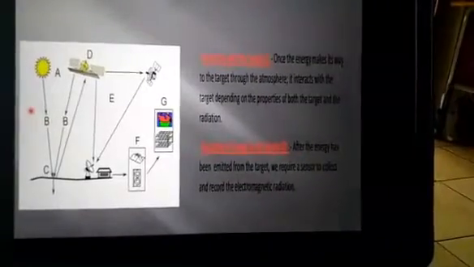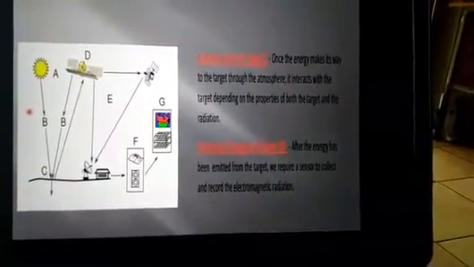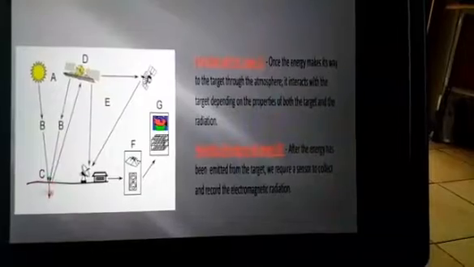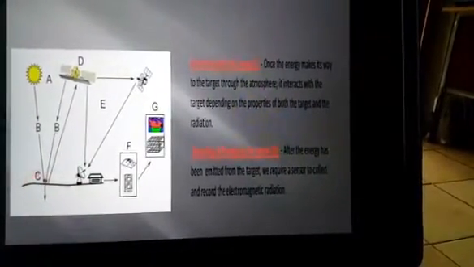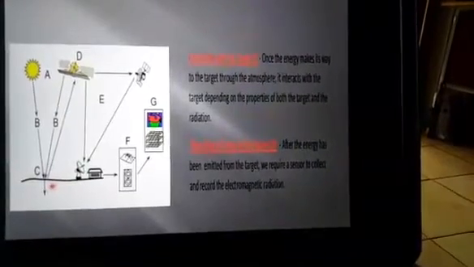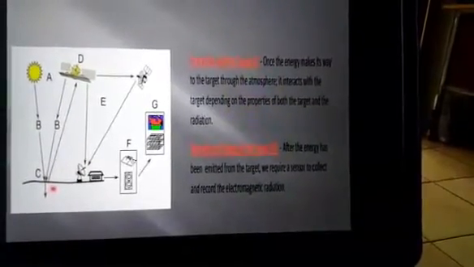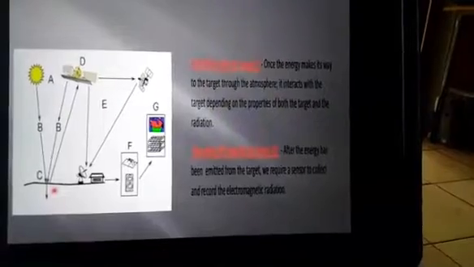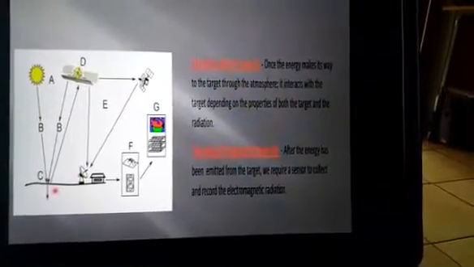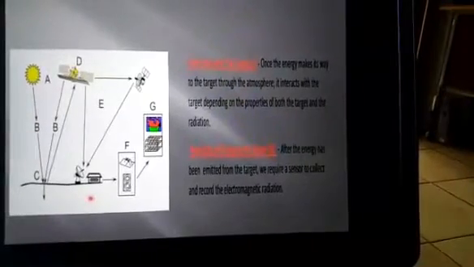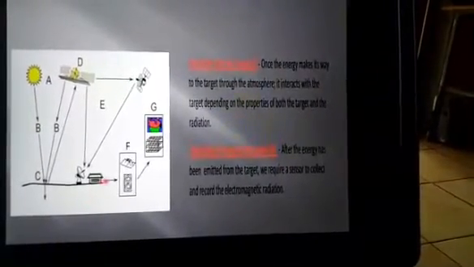And then we have C, that is the interaction with the target. Once the energy makes its way to the target through the atmosphere, it interacts with the target depending on the properties of the target and the radiation.